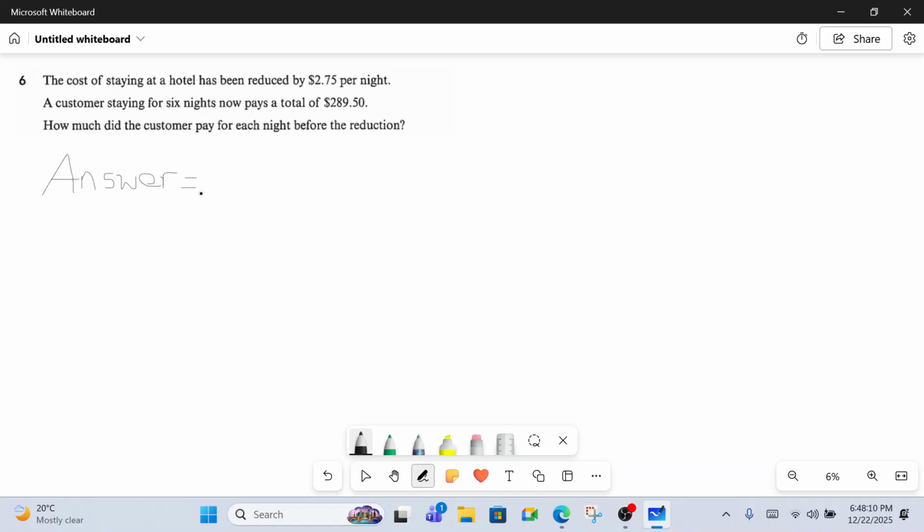So first let's assume, we're assuming here, let x equal the initial price.